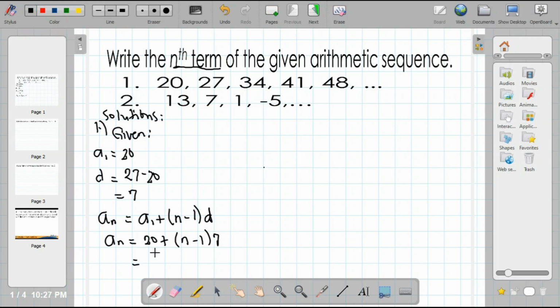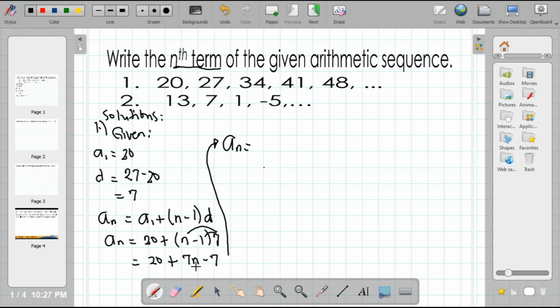From here, we simply copy 20 plus, and then we're going to distribute 7 to n minus 1. So first we multiply 7 and n, and that is 7n. And then we multiply 7 and negative 1, and that is negative 7. So we can say a sub n is equal to, we are going to combine similar terms.